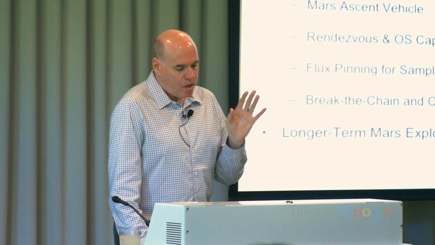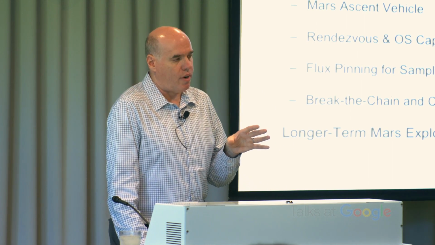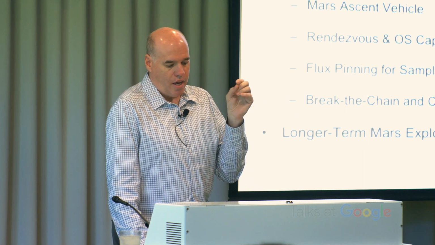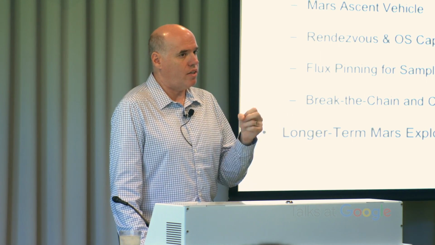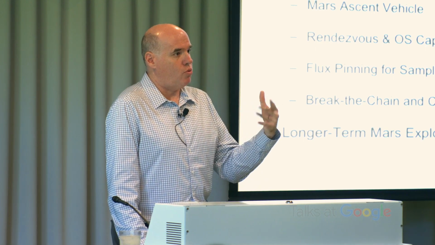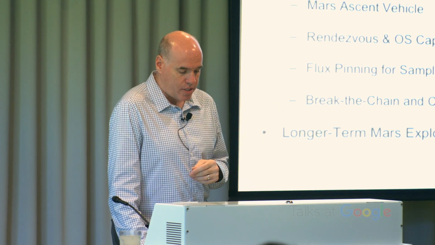I'll talk a little bit about the context for exploration. What is it that we're trying to accomplish as a blend of science, technology, and inspiration, which is a product that we at NASA sometimes don't appreciate how much we're delivering, along with delivering science and technology.